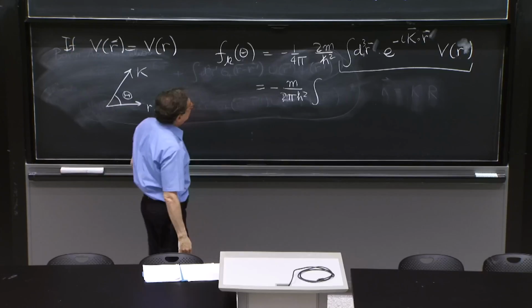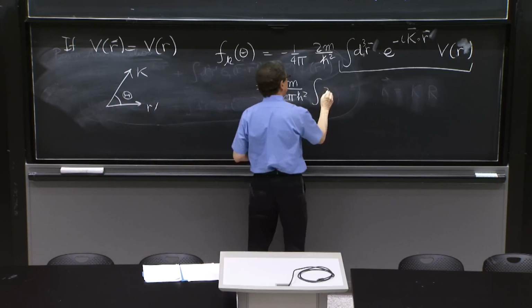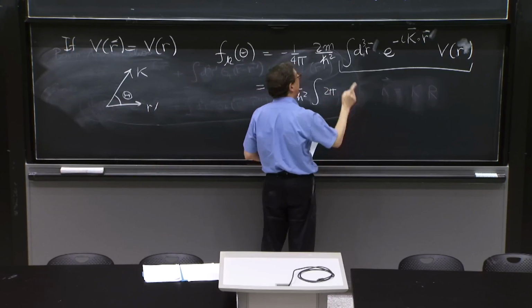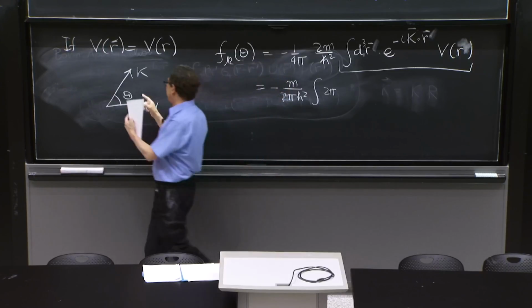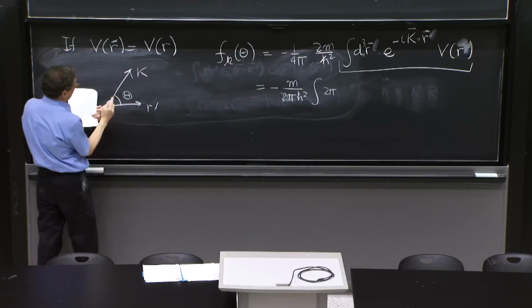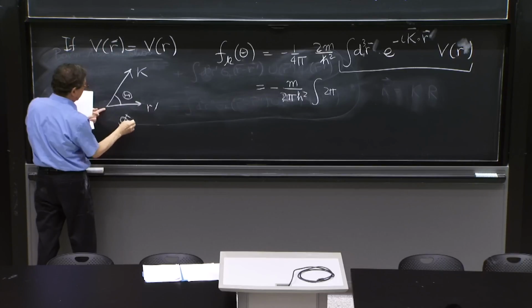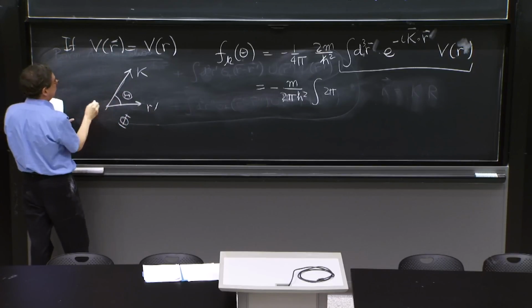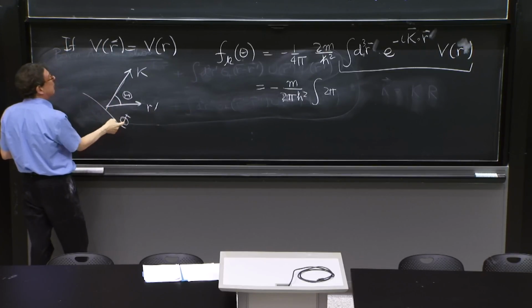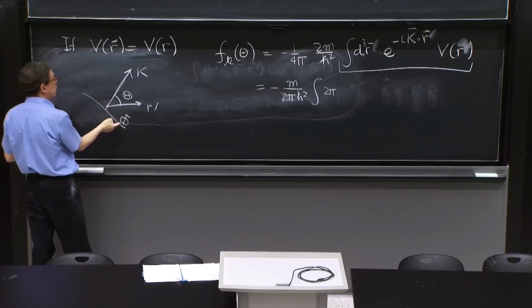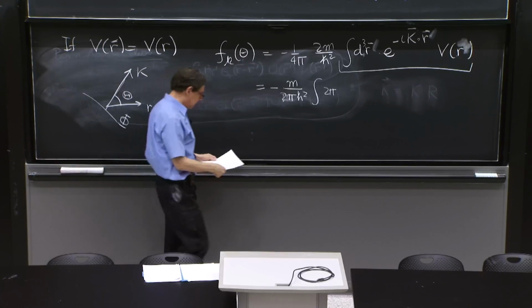And you have the volume integral, which is 2 pi for the phi integral. So we have a theta and a phi that you integrate with respect to k. And the phi integral always gives you 2 pi, and we'll leave the theta integral here.